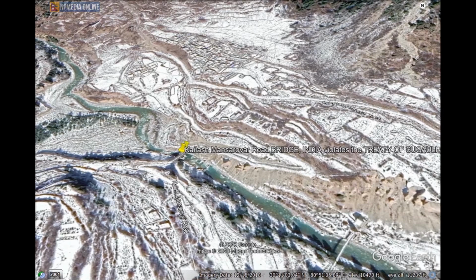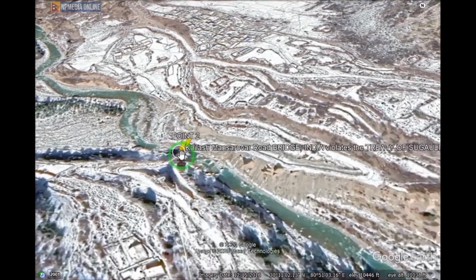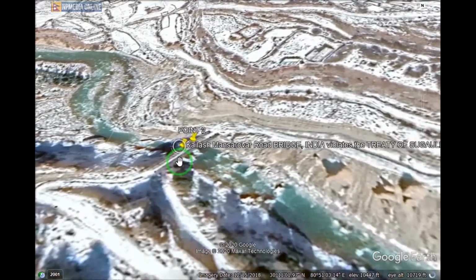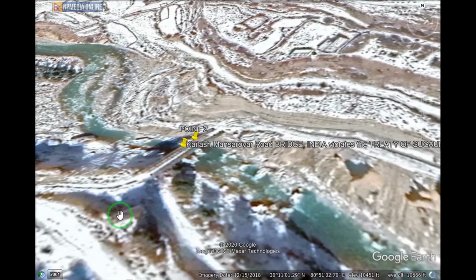Second, point 2. The roads are connected with a bridge, crossing the Kali River from Indian territory to Nepali territory at Gunji.